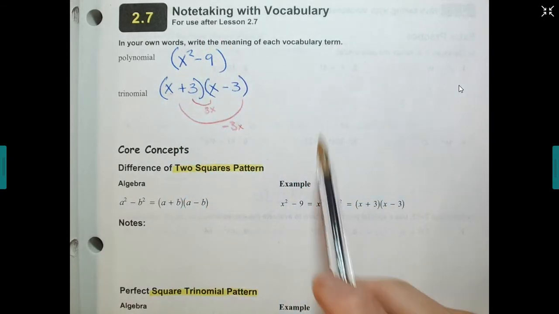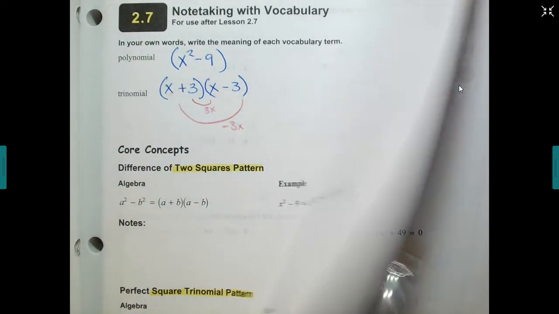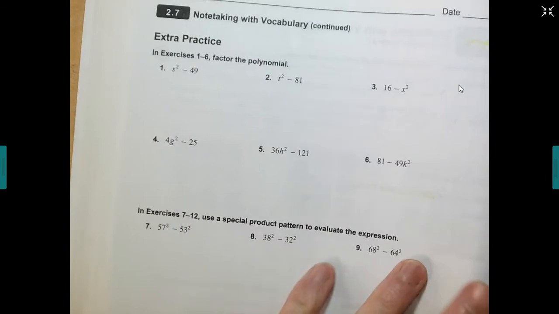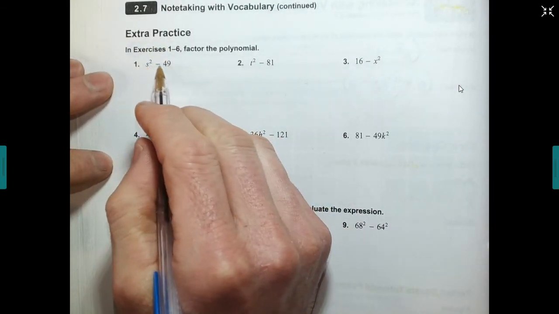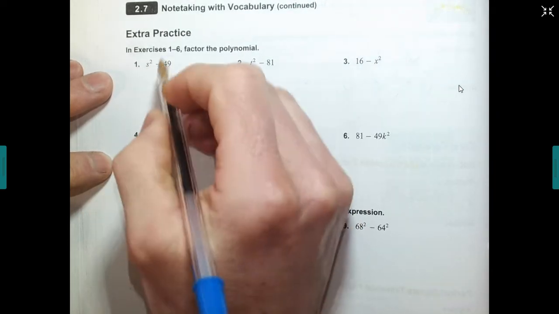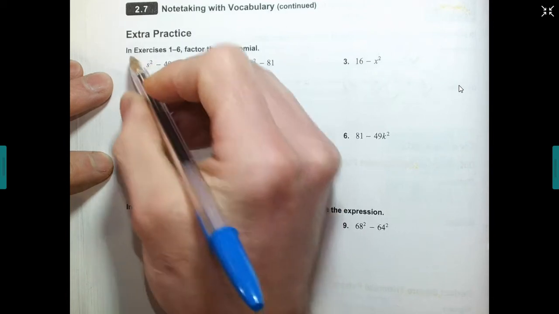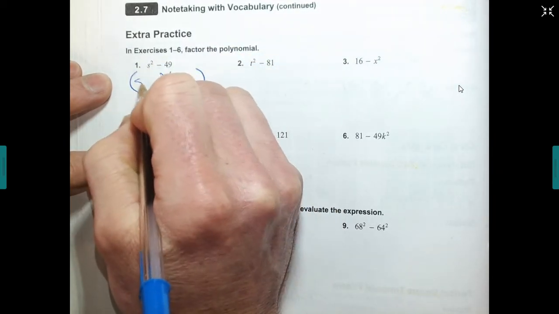Before I do an example of this, we're going to do a couple of perfect squares so that we get it solidified in our brains. So here we go. S squared minus 49. Are they both perfect squares? Yes. Are they subtracted? Yes. Okay, then I can do this. How do I get my S?